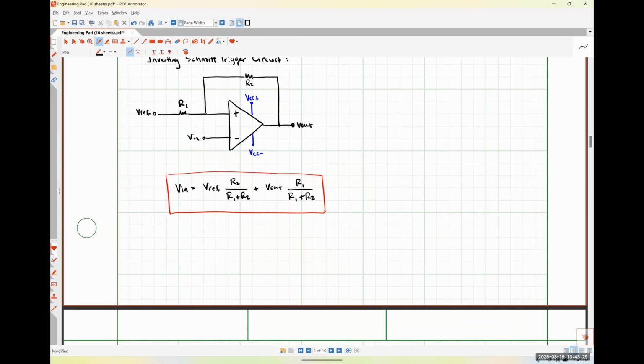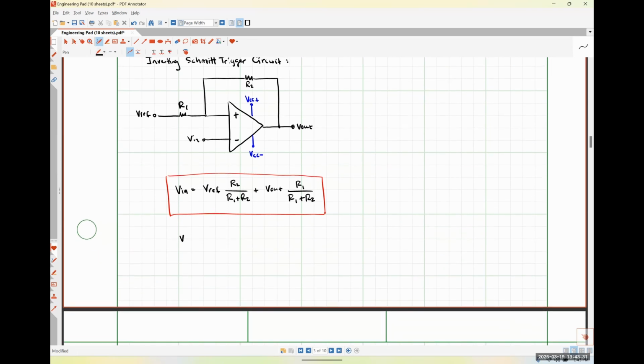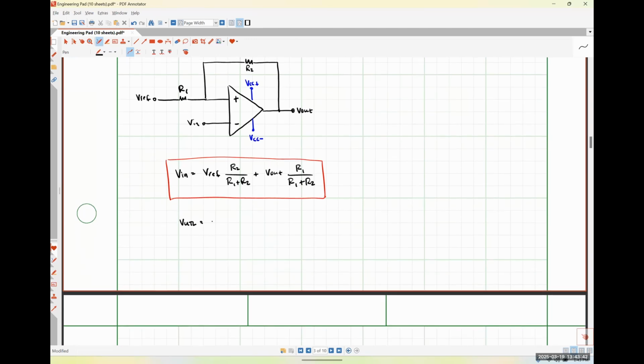So our upper trigger limit voltage, that's the voltage that's going to cause our output to change from VCC minus to VCC plus, is literally just going to be Vref times R2 over R1 plus R2, plus VCC minus times R1 over R1 plus R2.